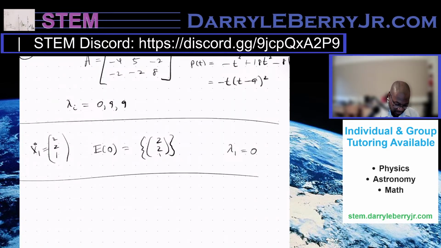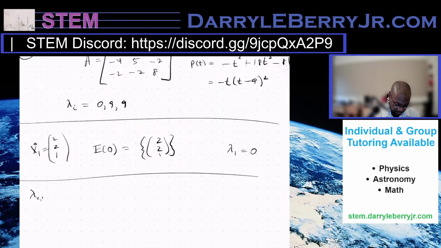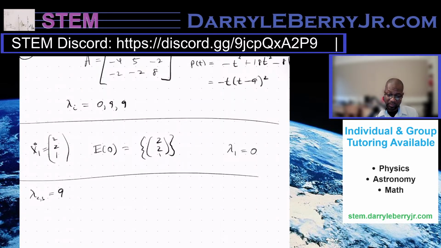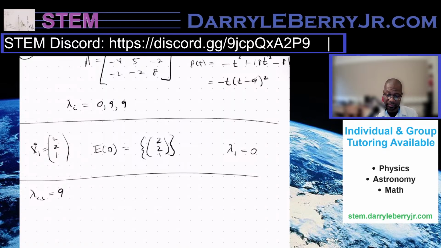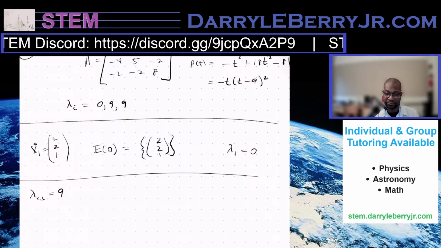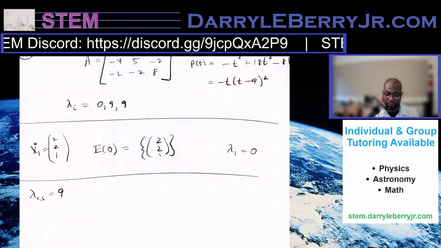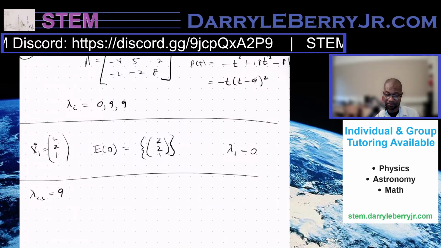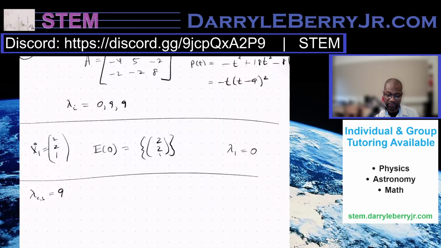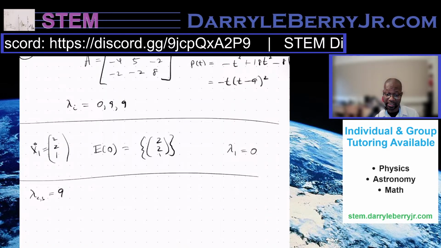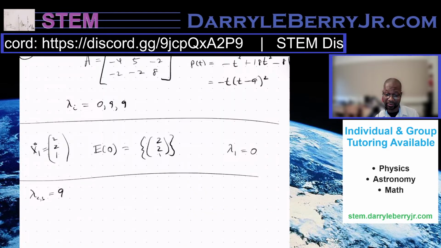For lambda 2, 3 equals 9, it's saying that's rank 1. So the spectral theorem guarantees it's two-dimensional, that we get two of them. I don't remember the spectral theorem indicating anything like that, but we know that this book skips a lot of steps, and apparently the explanations are not very clear sometimes.